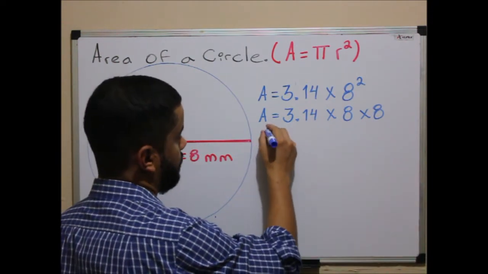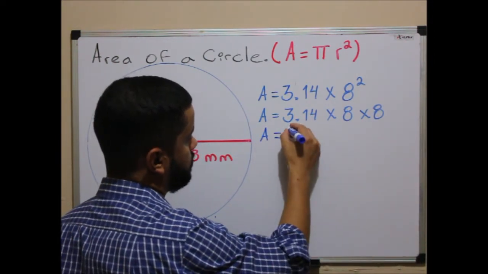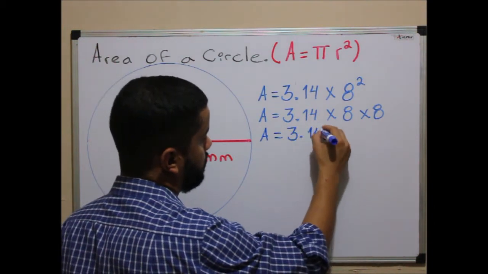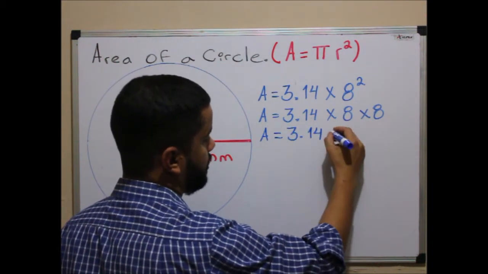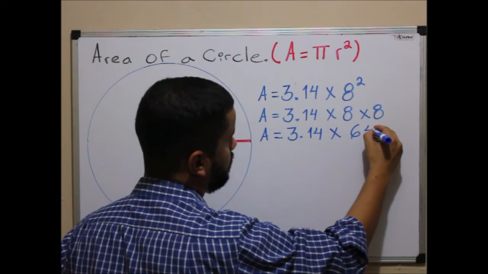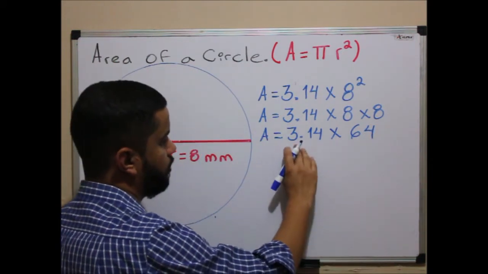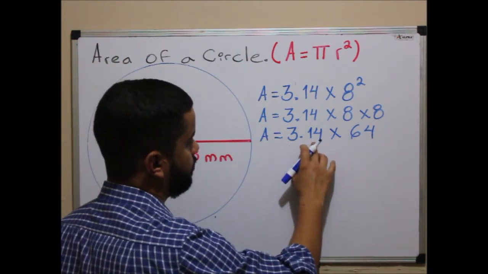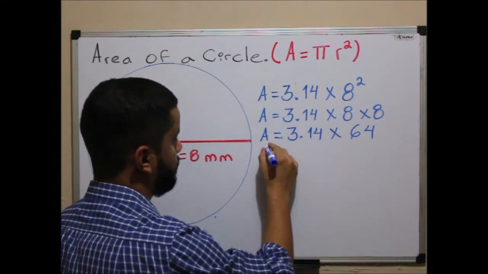Now the area is equal to 3.14. We solve that multiplication, that is 64, and now we're going to solve the multiplication of 3.14 times 64.